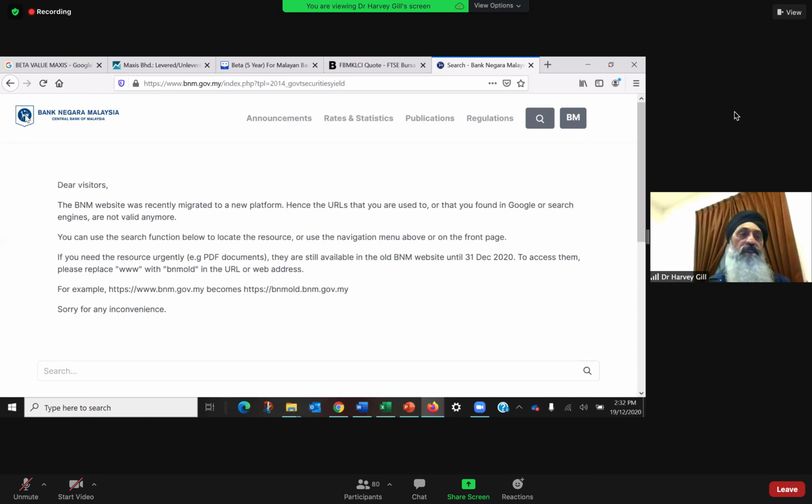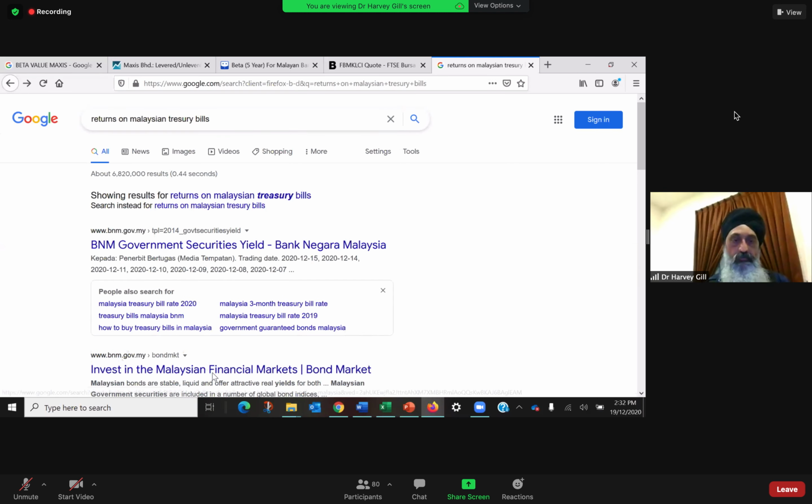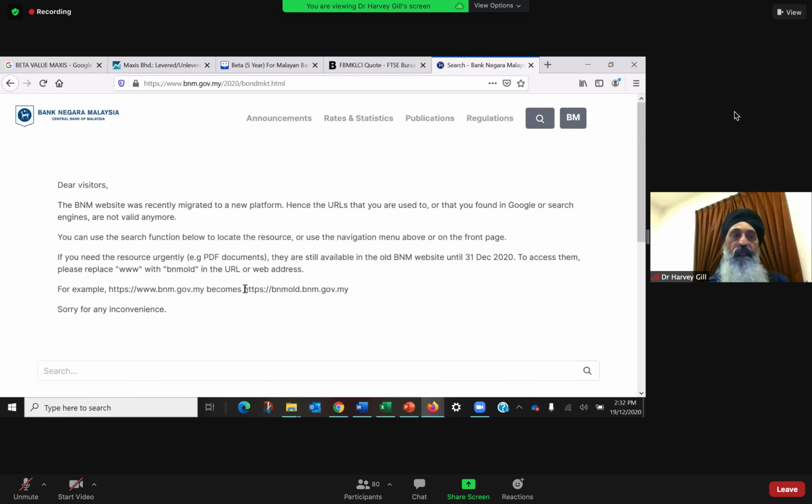So, yeah. Okay, Bank Negara has migrated. Okay, this is the bond market, also migrated. So we need to go 31st December to access them. Please replace them with BNM old. Okay, let's try that.